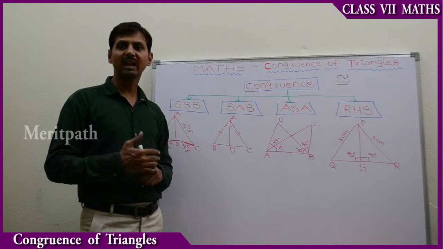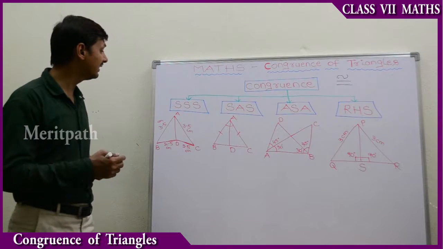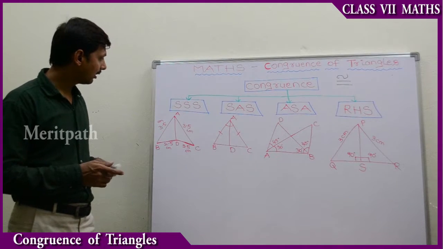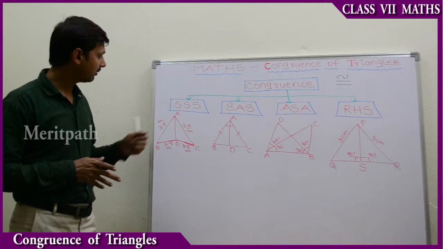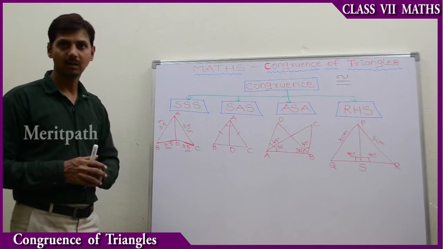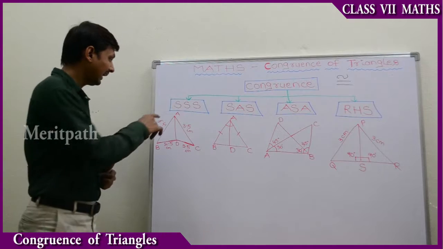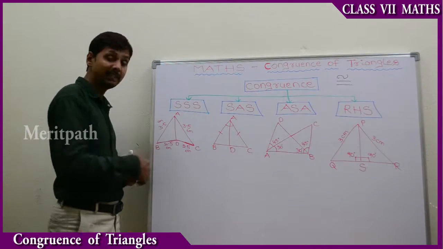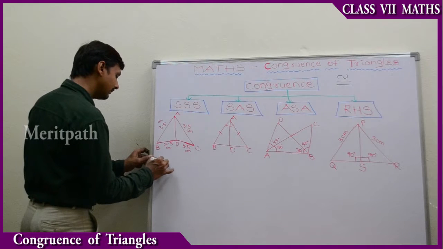So let's try some examples. For the triplets property, when we see this picture, we have a figure formed like ABCD. In this we can observe two triangles, ADB and ADC. Two triangles are formed.